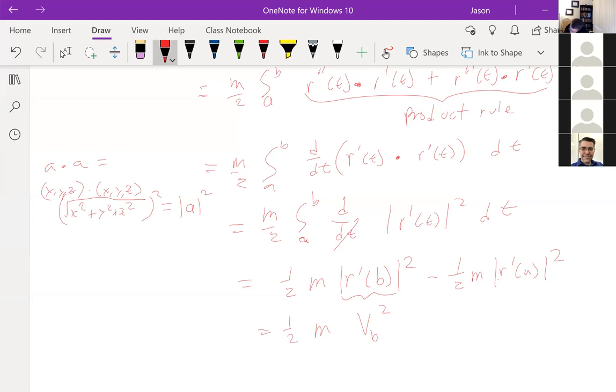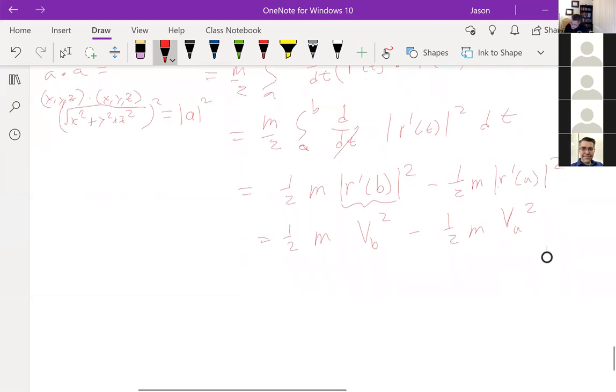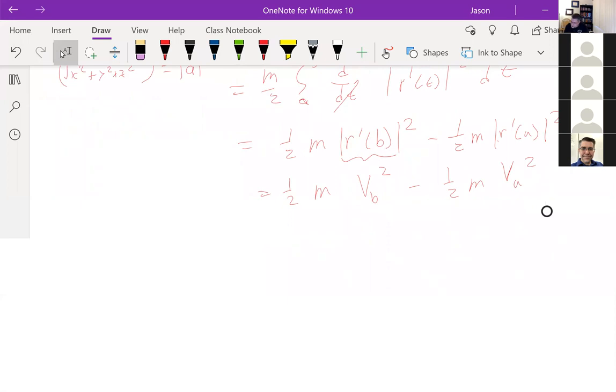Oh, okay, that's kind of interesting. Minus 1/2 m v a squared. Okay, well, what is that reminiscent of? All my engineering friends, what is this reminiscent of here? 1/2 m v squared.